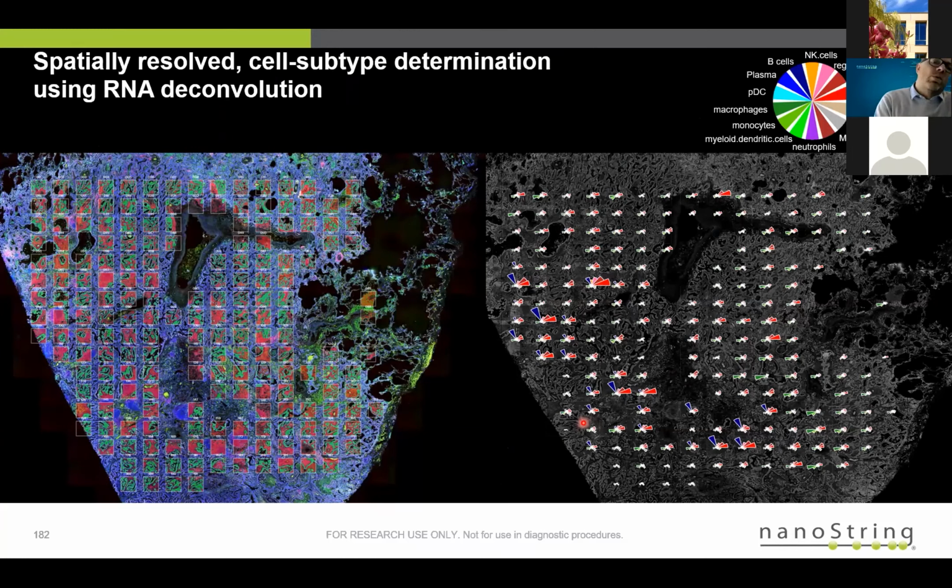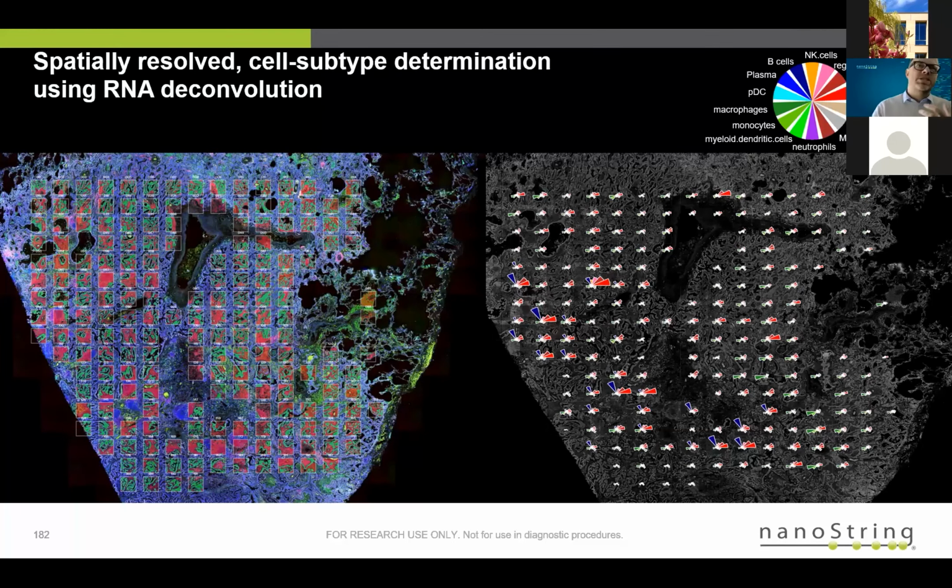So that's what these single cell RNA-seq groups are so excited about, to now give that spatial information back into the tissue. You can see the cell subtypes that were found. That's one way to visualize it, with this particular pie chart.